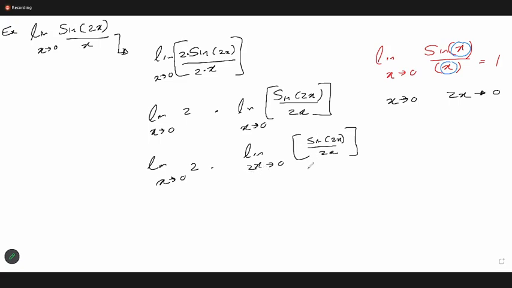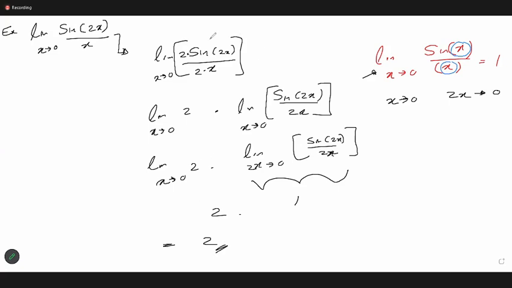Okay, now all the terms are very similar to this equation. So nothing to worry about. You can put 1 here, right? And the constant is a constant, so you can put 2 here. So the answer for this question is 2 times 1, which means 2.